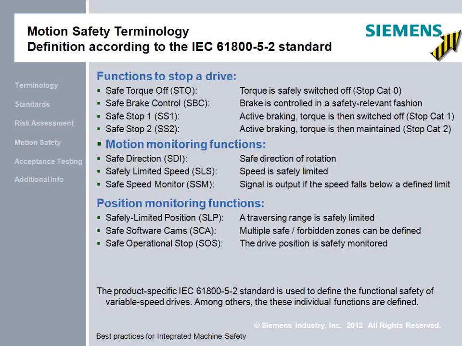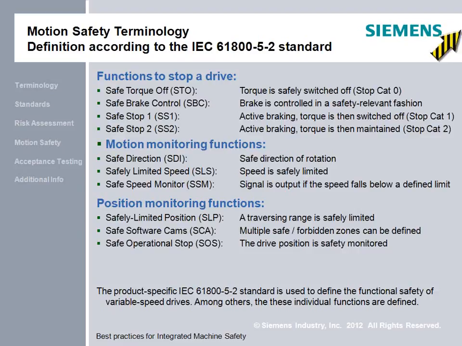If we look at the motion monitoring functions very quickly, safe direction is a safety function to guarantee only direction of the motor or the actuator in one direction. Safe limited speed, a very highly used function, is the ability to safely guarantee that the axis or actuator in question will not move faster than a pre-configured speed.